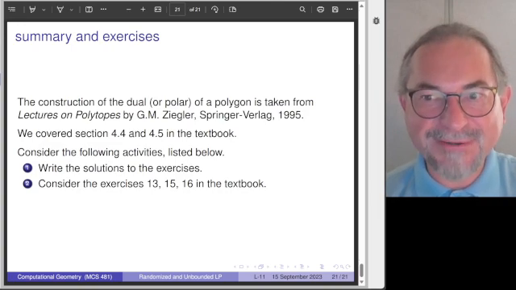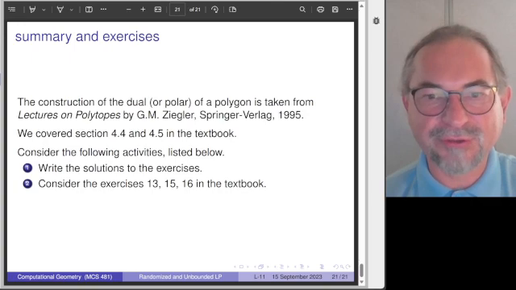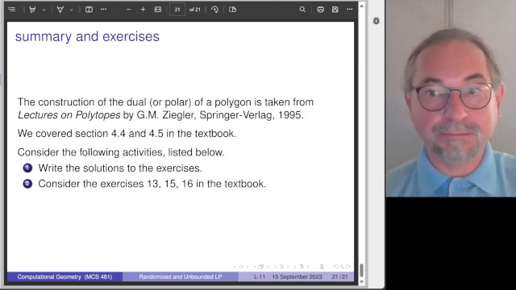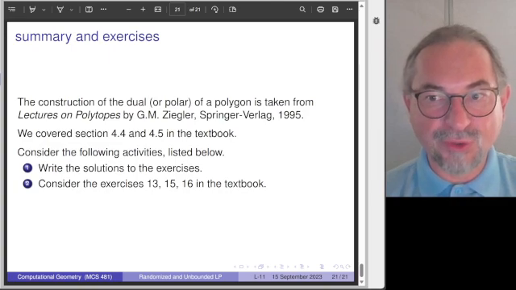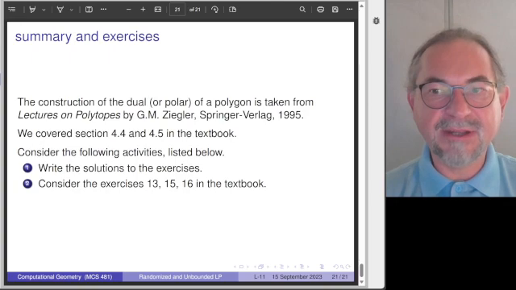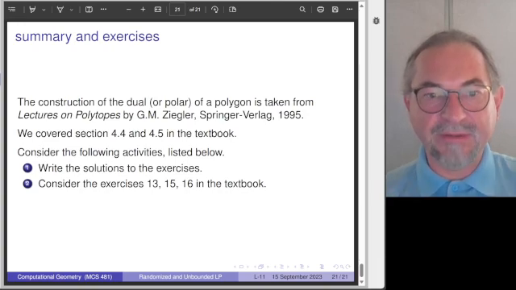If you are a graduate student, then you should read the introductory chapters of this textbook. This is a textbook on polytopes. In this course, we are mainly restricted to algorithms in the plane, but the textbook that I mentioned takes it way farther.